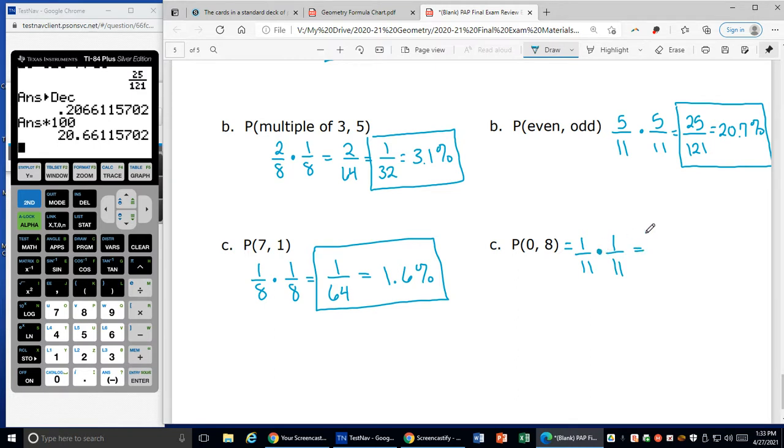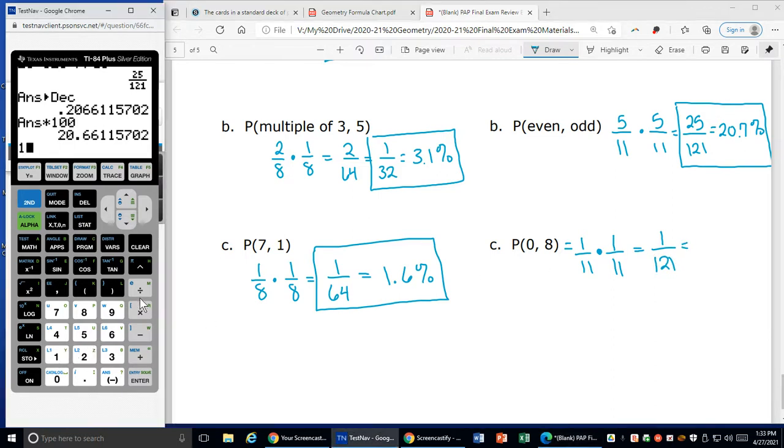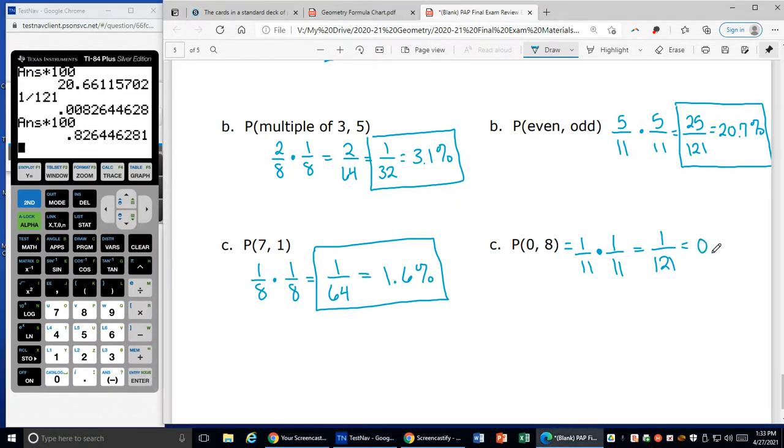We're going to multiply these together. 1 times 1 is still 1. 11 times 11 is 121. That's not going to reduce. 1 divided by 121 times 100 is less than a percent. It is 0.8% chance of landing on first 0 followed by 8.